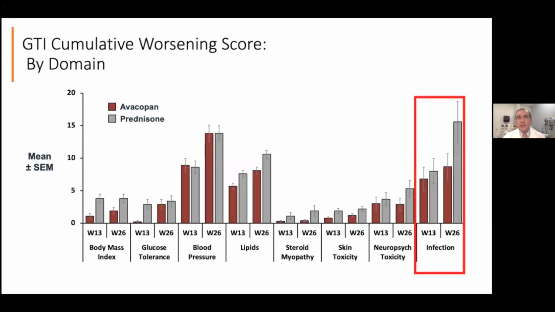So if one looks at the cumulative worsening score for the GTI, you see how consistently the 8 domains of the GTI reinforce the value of Avacopan.